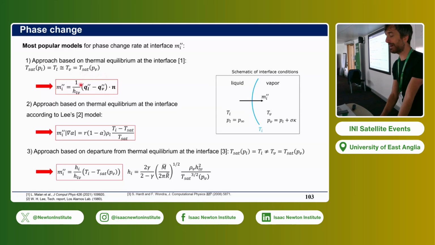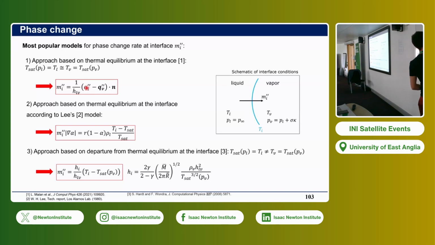From a numerical point of view, this one has the difficulty that you need to evaluate the gradient on the liquid side of the interface, on the vapor side of the interface. Heat flux is related to the temperature field. I forgot that this is obvious for a mechanical engineer, but not necessarily obvious for others.